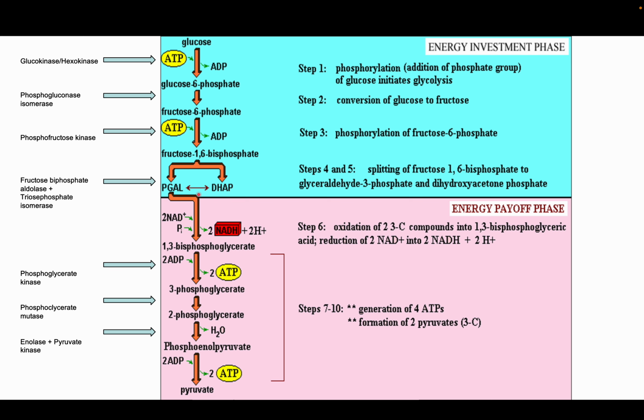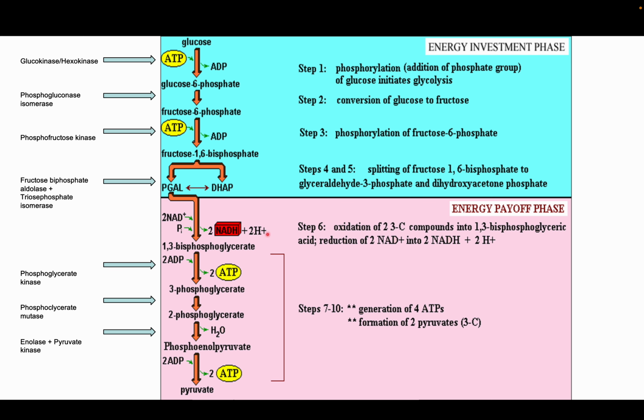Okay, so two molecules of glyceraldehyde 3-phosphate are oxidized into a different form, 1,3-bisphosphoglycerate or bisphosphoglyceric acid. And during that transformation, an inorganic phosphate group is associated with NAD plus in order to produce NADH and H.